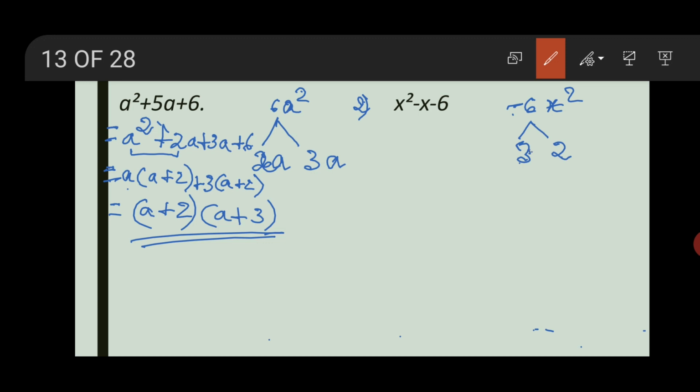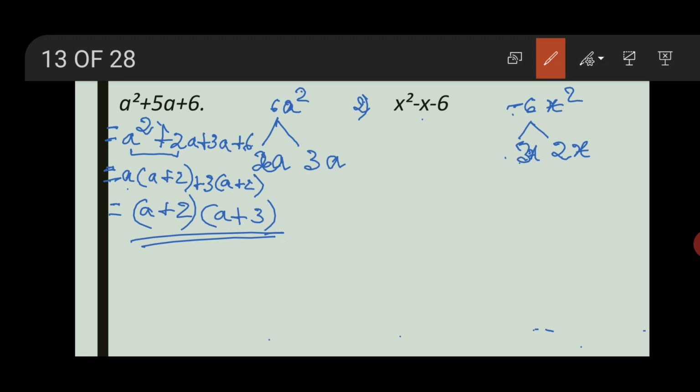So I can write in this way 3x and 2x, and 6x square has negative sign, and looking into the middle term, it is minus x, so either 3x or 2x has one negative sign. Which term has got negative sign?